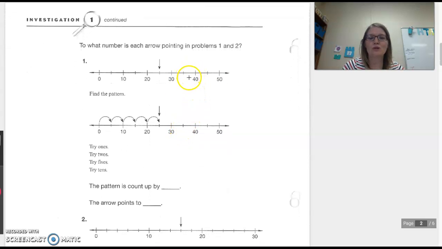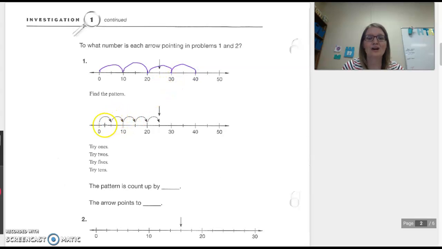Here we have a number line, and we need to figure out what's apart. As you can see, between here and here is 10, and between 10 and here is another 10, so they're going in tens.